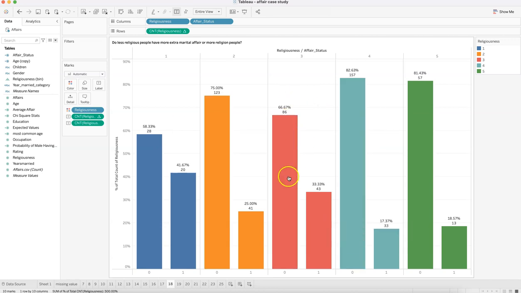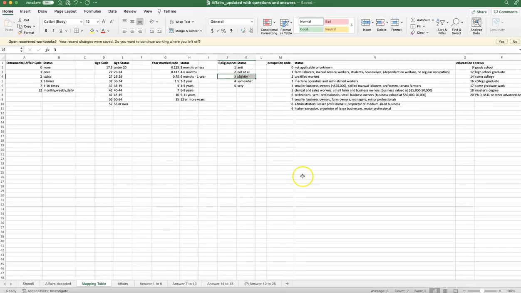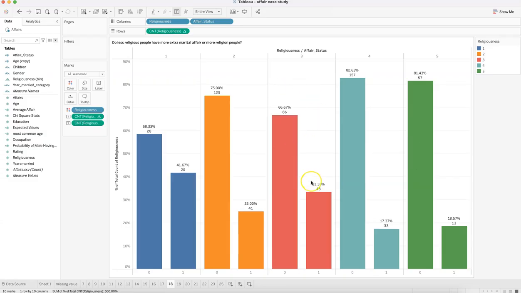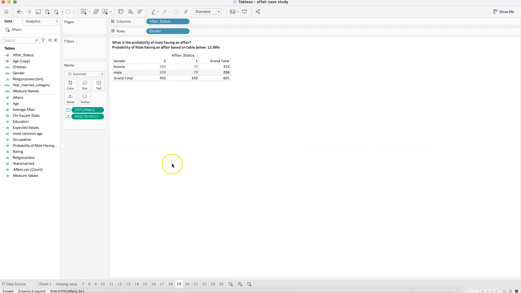However, this is the more healthy representation. Those who are level 3, slightly religious, are having more affairs, 33%, and the observations are also healthy, 86 and 43. However, over here it is less than 50 observations, 48 actually. So that's what the answer will be for this.